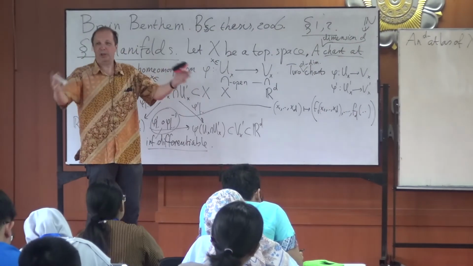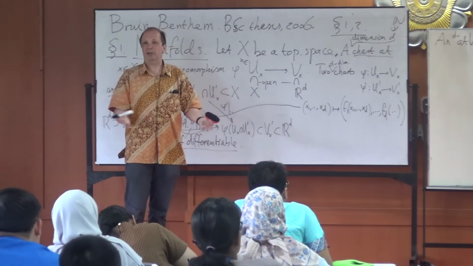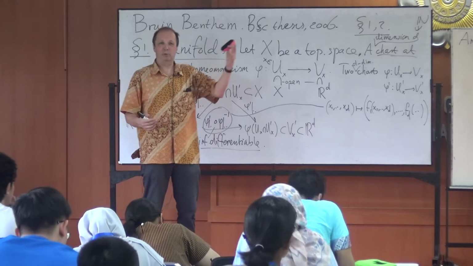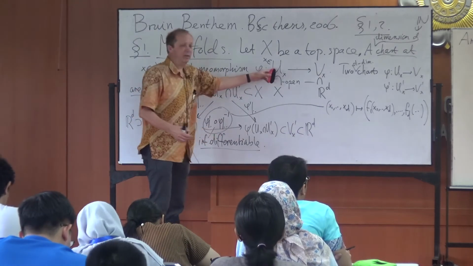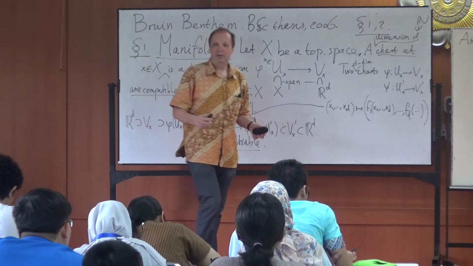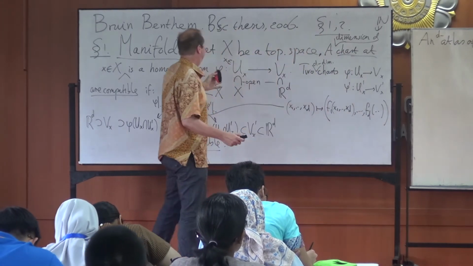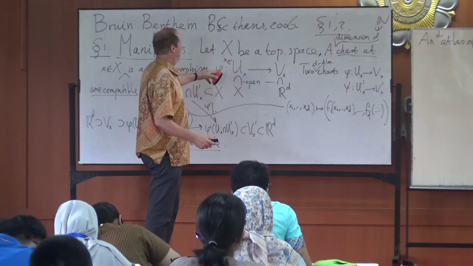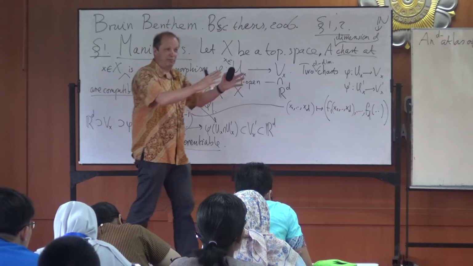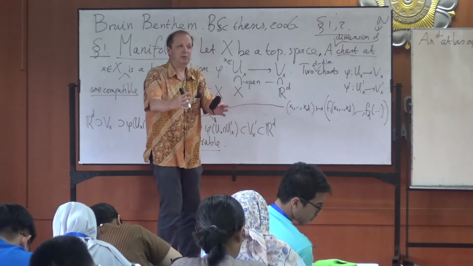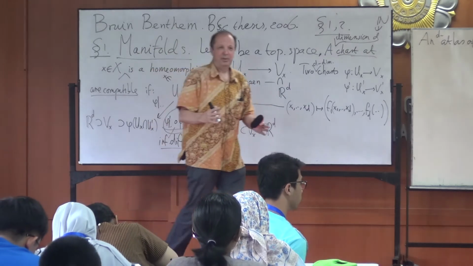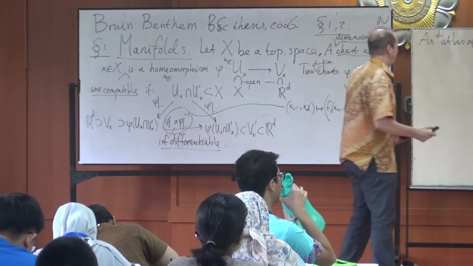If I have charts everywhere, I want to have a set of charts such that every point is contained in at least one of these U's, right? I want to have, locally, such a phi that identifies a piece of my manifold with an open subset of R^D. And then we know how to work with it.